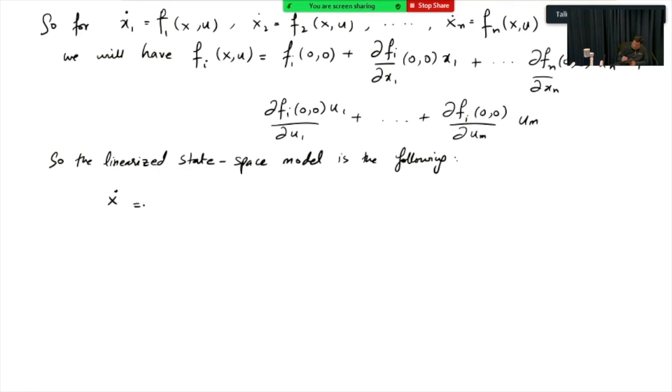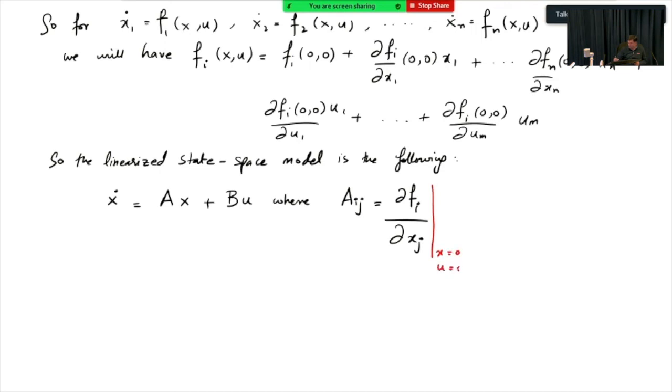You will have x dot equals Ax plus Bu, where aij is curly fi over curly xj, and the important thing is to ensure that x equals 0, u equals 0.